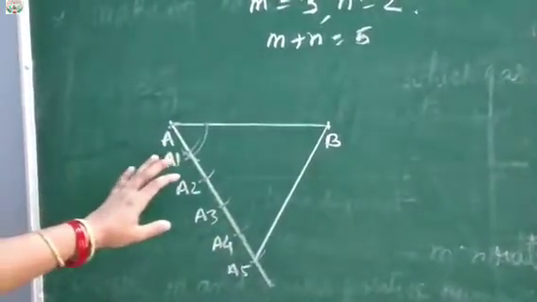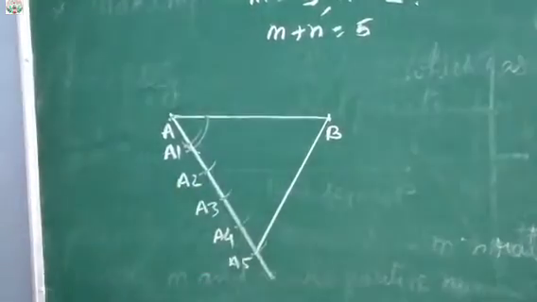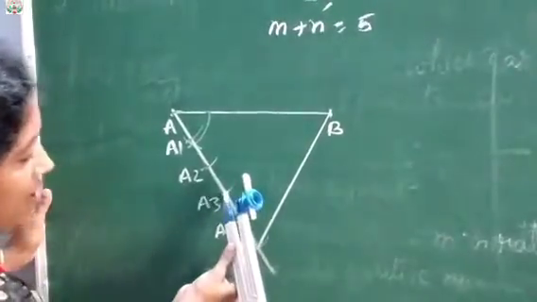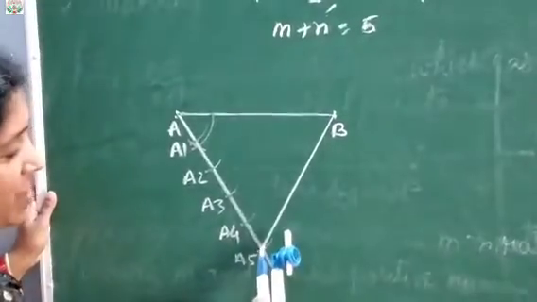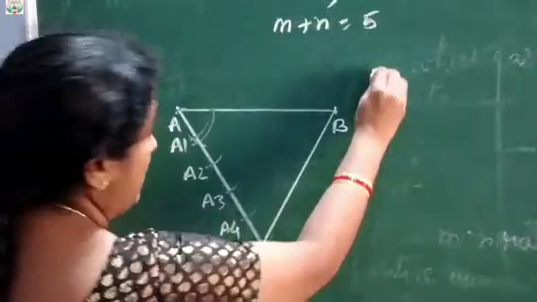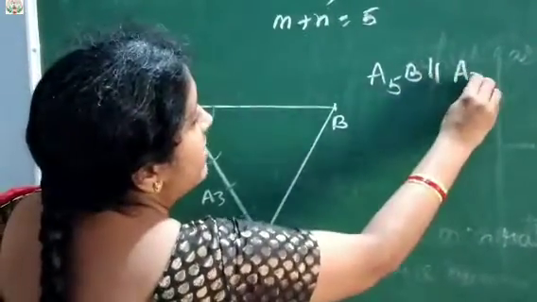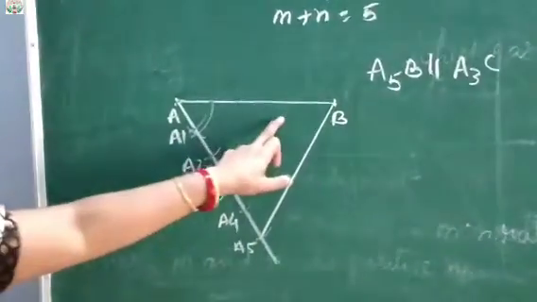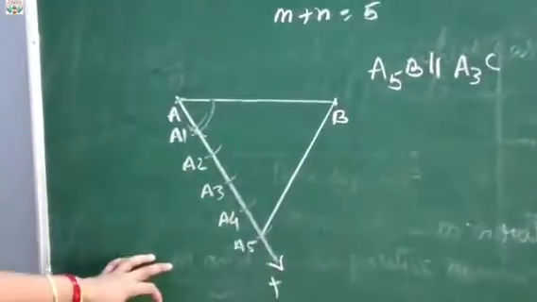Now you have to divide this line segment in 3:2 ratio. 3:2 ratio means you have to draw a line parallel to A5B from A3, meeting AB at some point. AX is the ray.